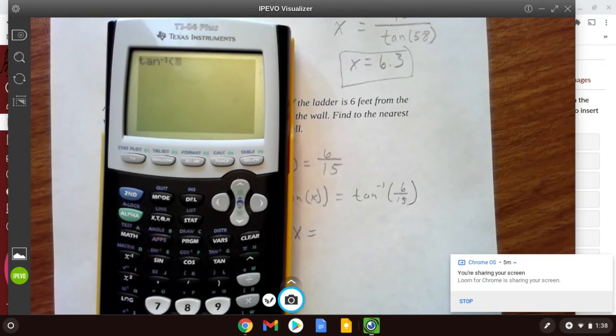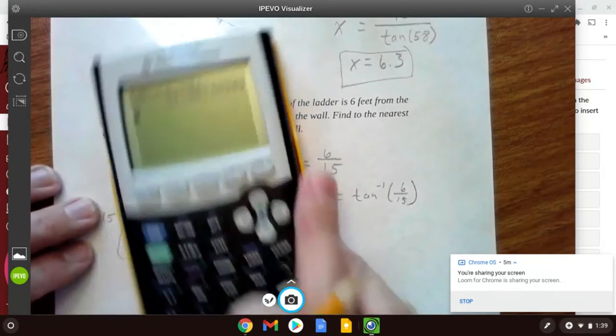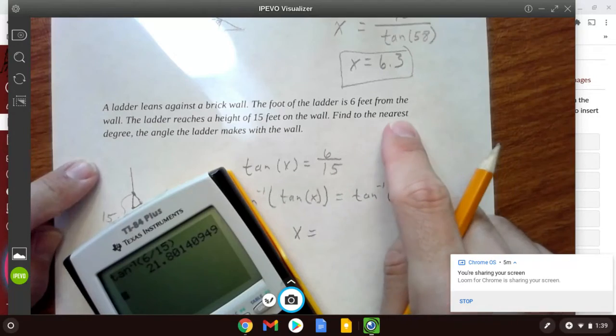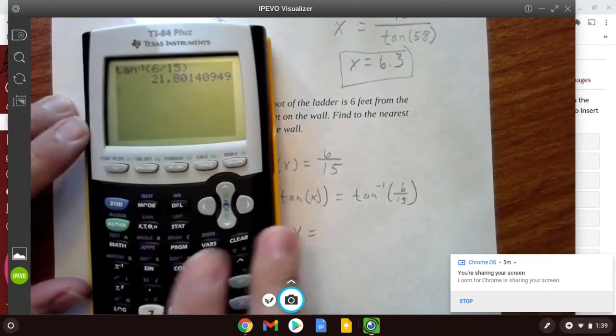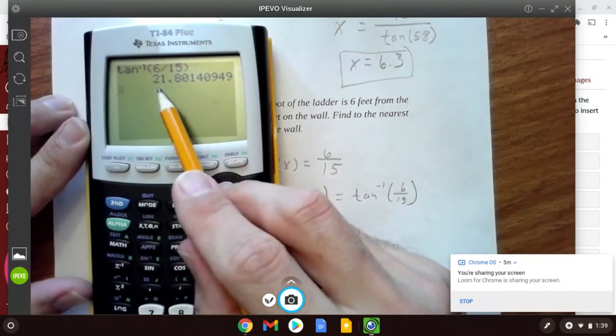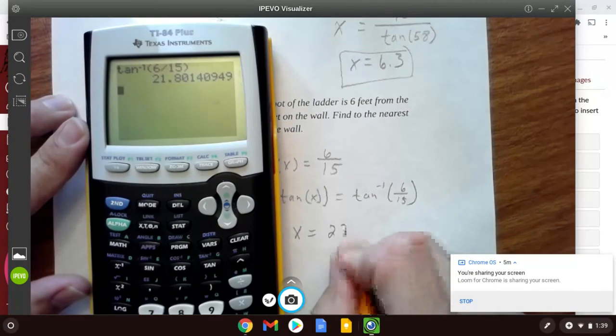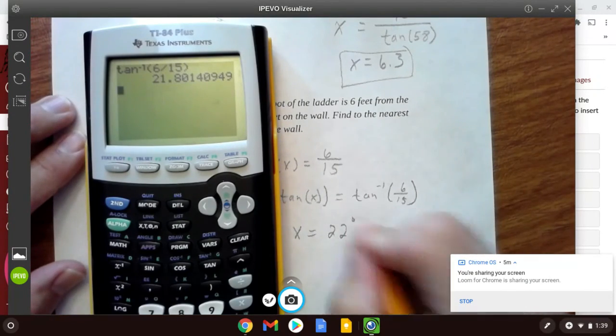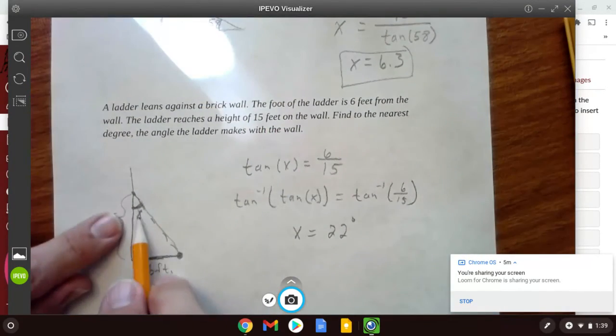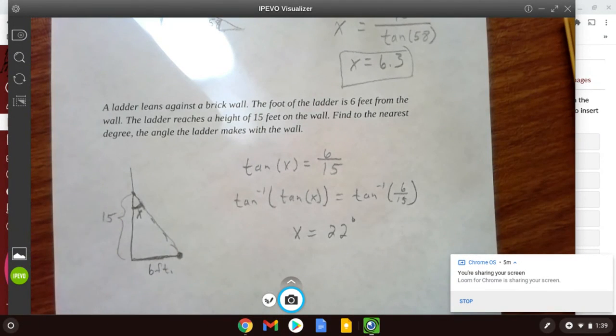Inverse tangent of 6 divided by 15 gives 21.8. This time it said find to the nearest degree. So if we round that up, it's going to be 22 degrees. So that's the angle created between the ladder and the wall, 22 degrees.